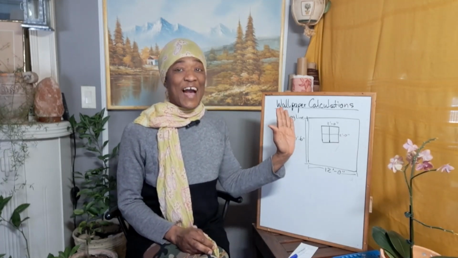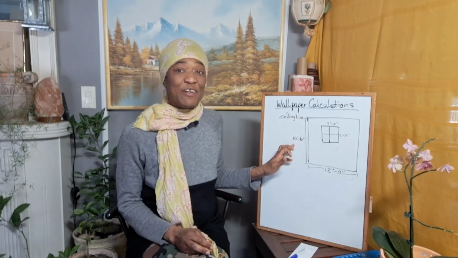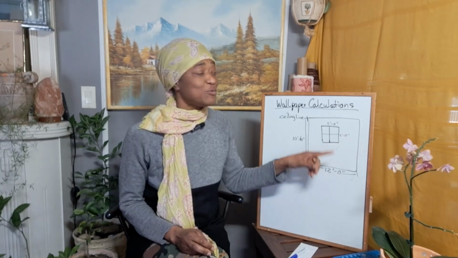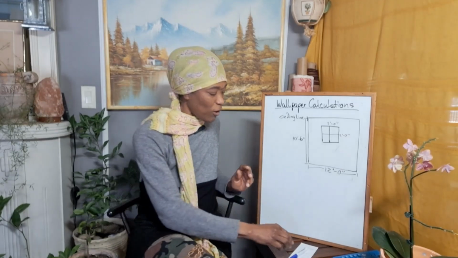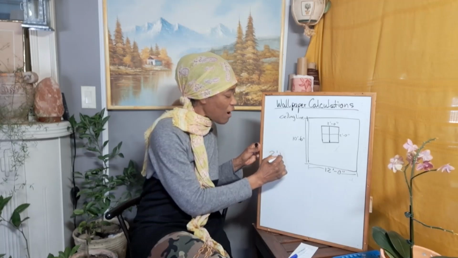This wall has a ceiling height that is 10 feet 6 inches and a width that's 12 feet with a little window 2 by 2. Still, let's pretend we're using a wallpaper that is 2 feet wide.